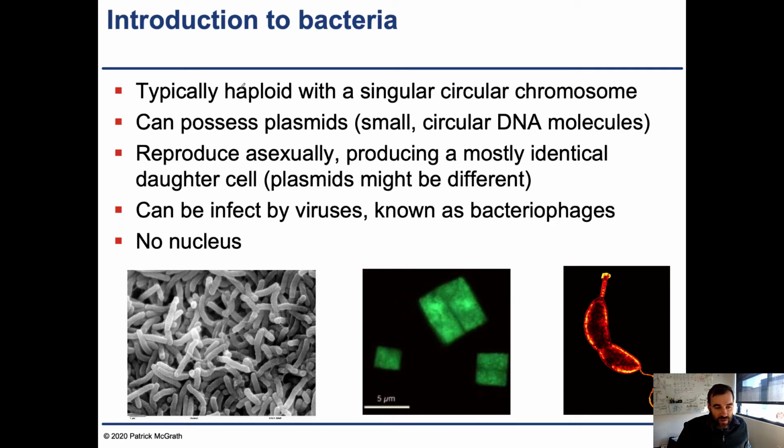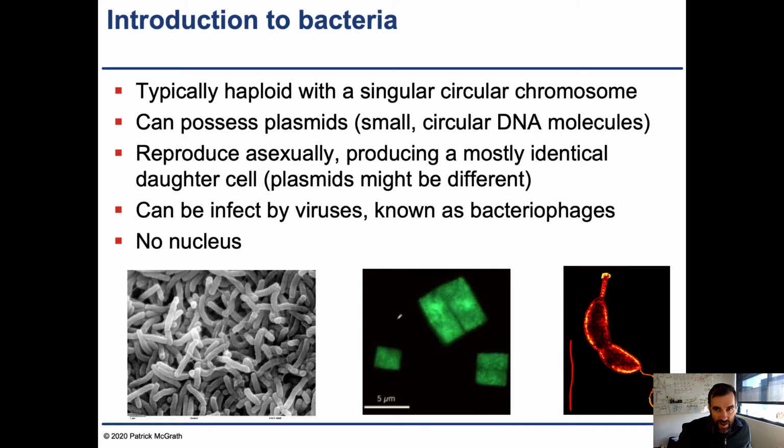These are 3 different examples of bacteria. This one is about 1 micron long, this is 5 microns long, and this is about 2 microns long. Bacteria in general are very small. There's variability in their size, but typically they range between 1 and 5 microns long.